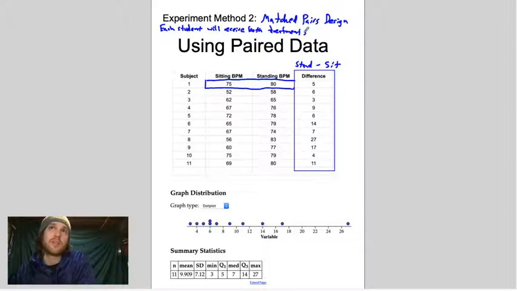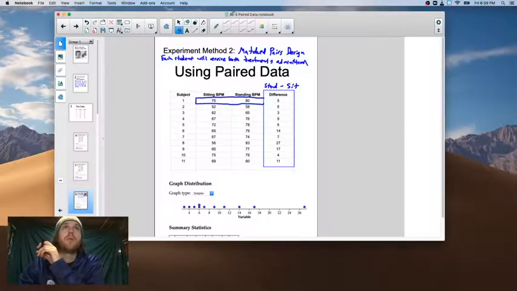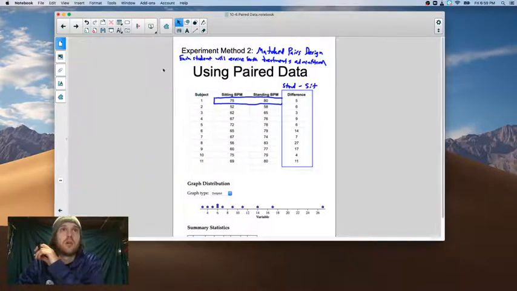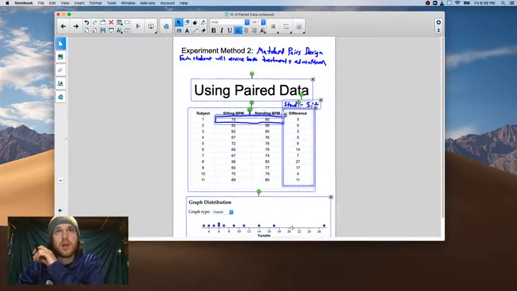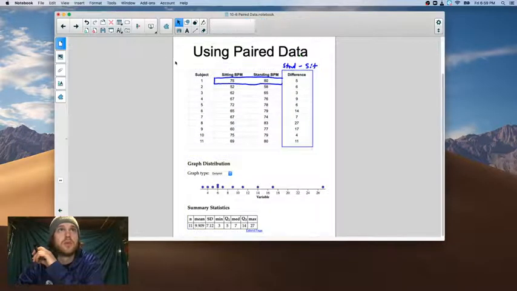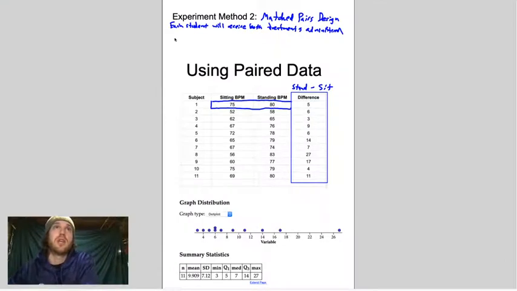This is what the matched pairs design looks like. Administered in a random order.